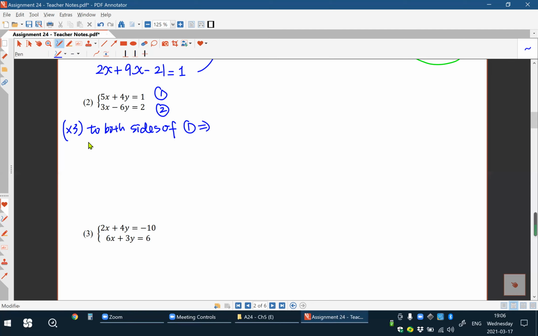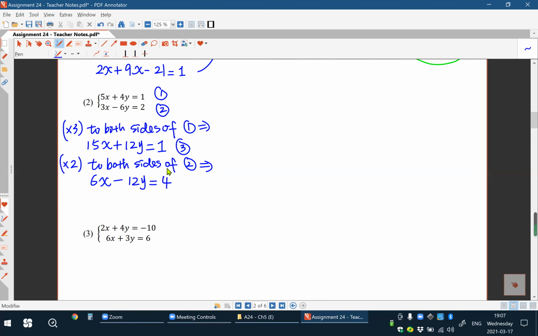Then you will get 15x plus 12y equals 3, right? So let's label this with 3. And then you need to times 2 to both sides of equation 2, right? And from there you will get 6x minus 12y equals 4. Sorry, this is 3 here. So let's label this with 4.